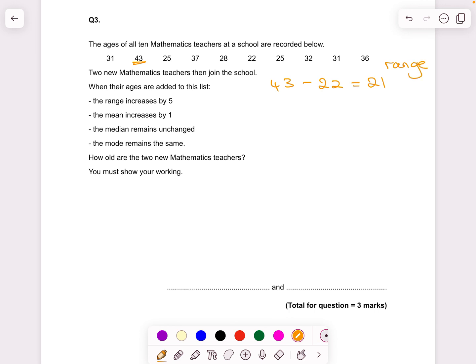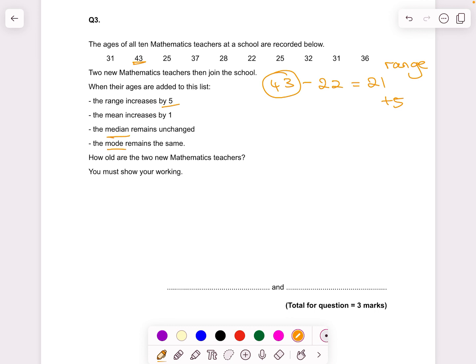It says that the median and the mode don't change, okay? So whatever is the middle number does not change. So that means one of the end numbers, hopefully, changes. So if the range has increased by 5, we add 5 to it. We're going to add 5 to the eldest person.